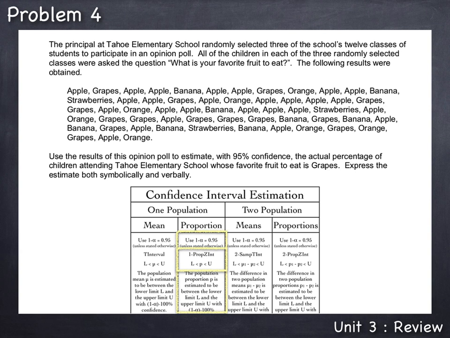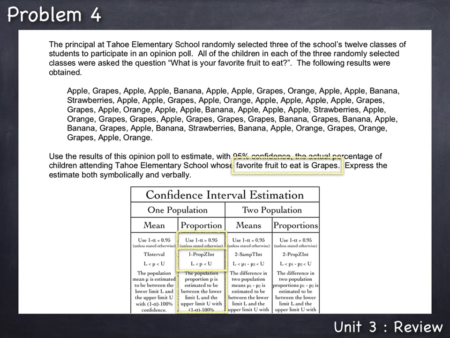the total sample size. In this case, X, what the problem's about, is we're trying to estimate the percentage of children whose favorite fruit to eat is grapes. So X would be a count or a frequency of the number of students who selected grapes as their favorite fruit to eat. Since this number isn't given to us, we need to find it ourselves.